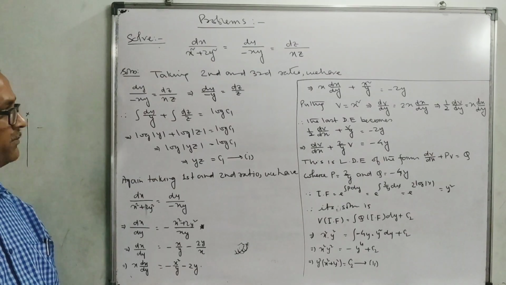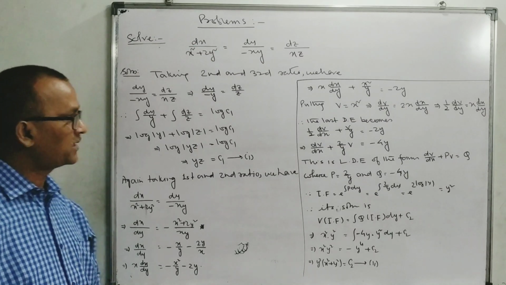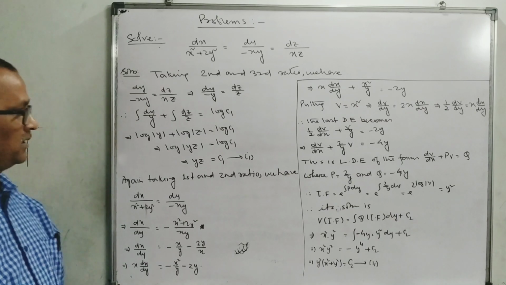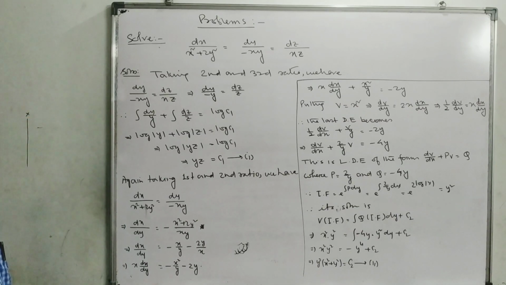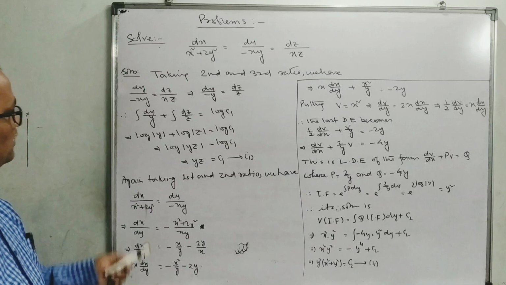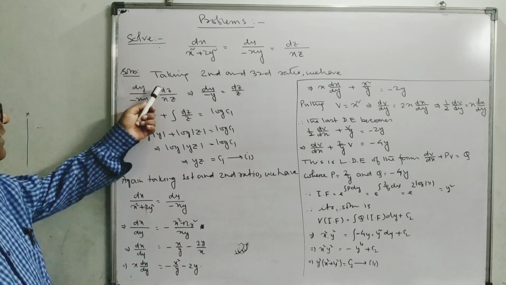Again we take another problem, dx by x squared plus y squared, dy by minus xy, dz by xz. From this equation we observe that if we take second and third, then we get dy by minus xy, dz by xz.